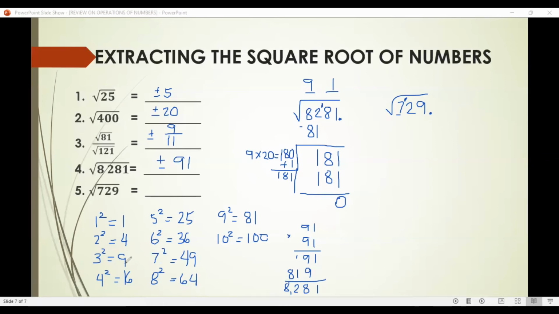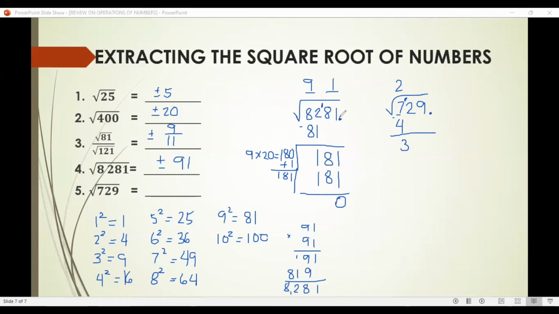We cannot get 9 because 9 is higher than the 7. So it will be 4, and the square root of 4 is 2. So 2 will be the number that will be written directly on top, while the 4 will be the number that you have to subtract from 7. So 7 minus 4 is equal to 3.